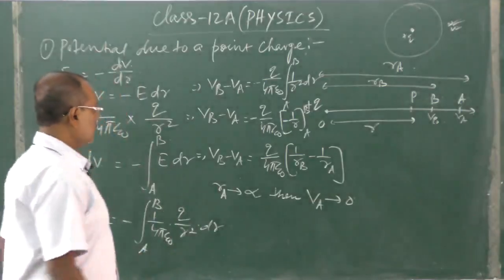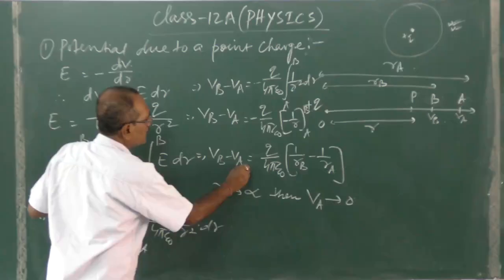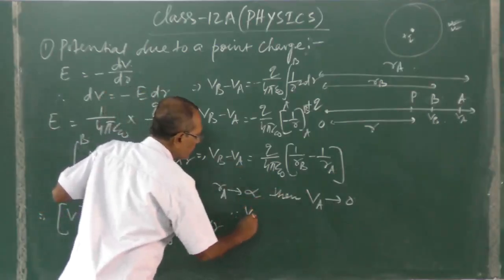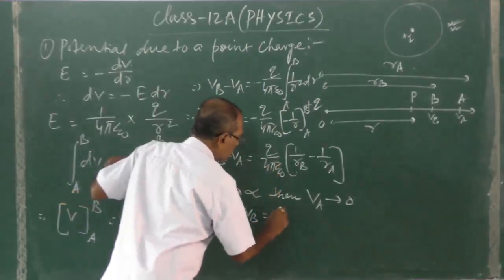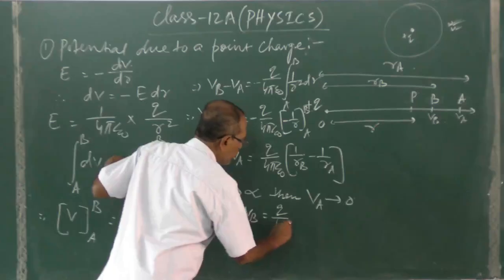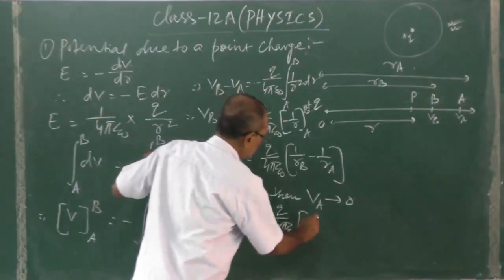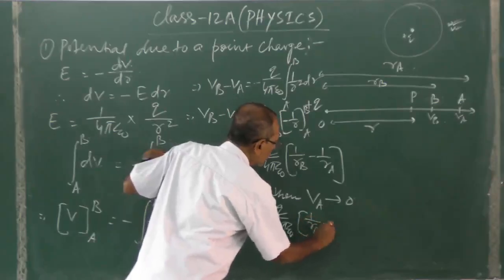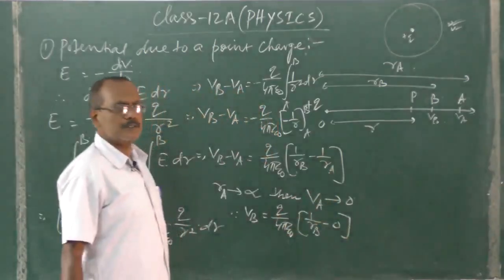So first we do this one. VA is 0, therefore VB is equal to Q by 4 pi epsilon naught into (1 by RB minus 0), because 1 by infinity is 0.